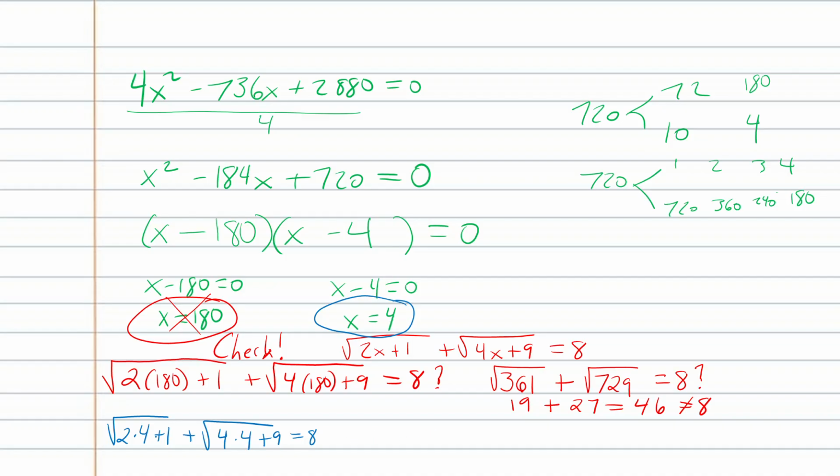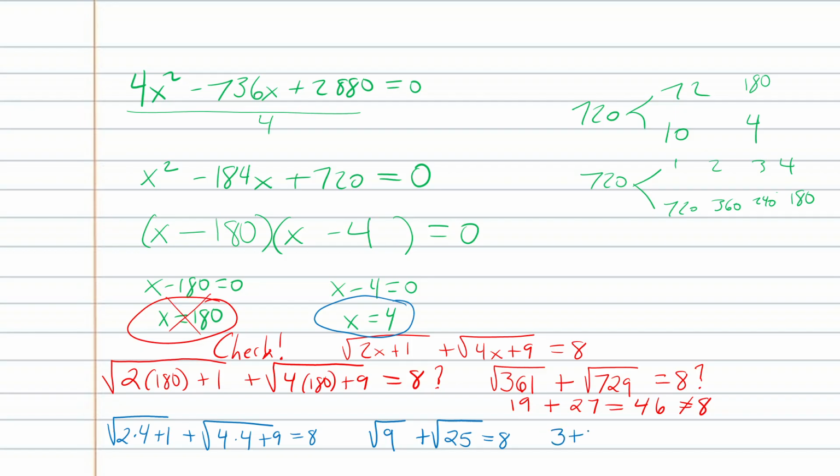Well, 2 times 4 is 8 plus 1 is 9. So I'm looking at the square root of 9 plus the square root of 4 times 4 is 16, 16 plus 9 is 25. Does that equal 8? Okay, well, the square root of 9 is 3.